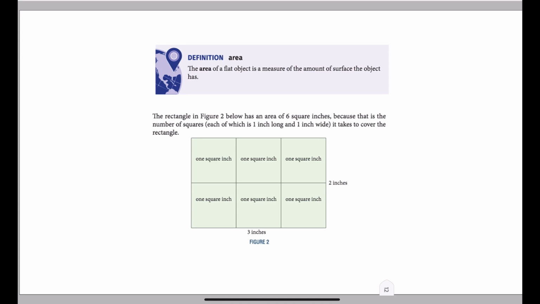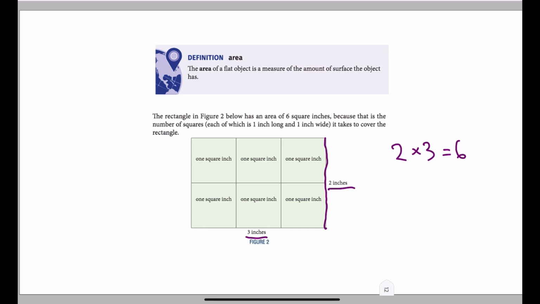So another cool way to think about multiplication is area. So if I have something like 2 times 3, well, I know that's 6. But one way I can think of it is as inches.